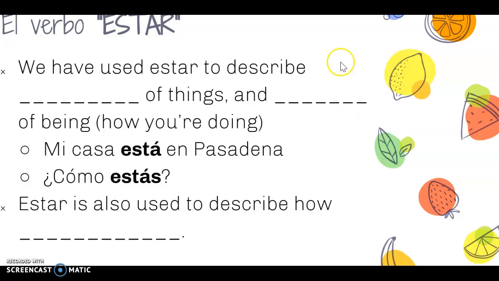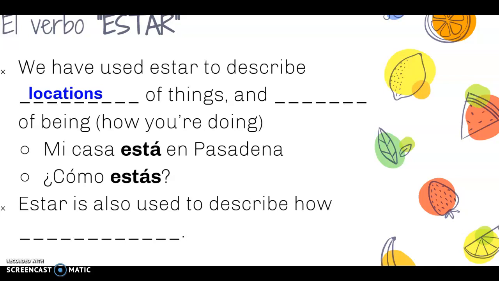All right, the verb estar you are already familiar with. We've used it to describe two significant things. We describe locations of things, so where something is located, like when we were talking about our houses, la casa, where rooms are located in relation to others.